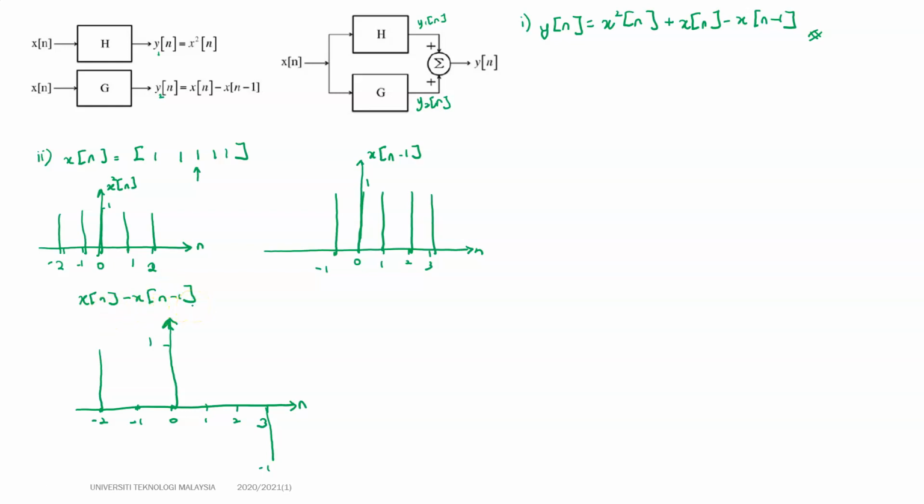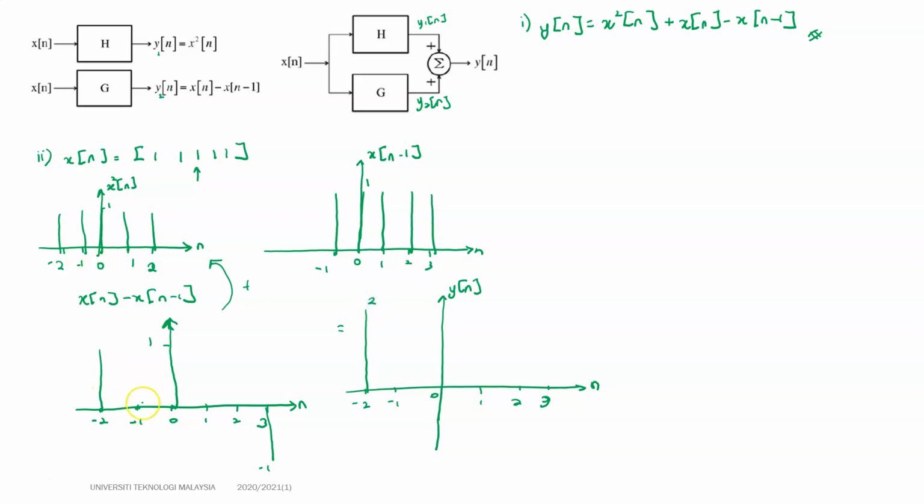And then we have to add with x squared n. You add this one with this, and it will produce yn. For yn, you just put the value of n first: 1, 2, 3. This is yn. So you add 1 plus 1 at n equal to -2, which is 2, so this is a little bit higher.